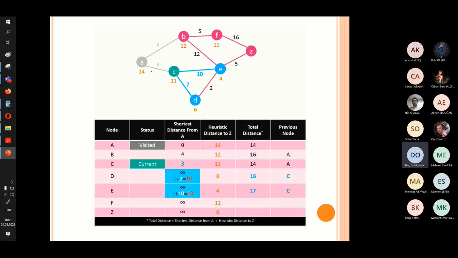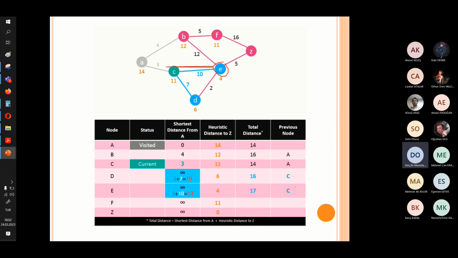Let me talk about the cost of E. By the way, we have to take note that we are coming from C in order to obtain these values, because the value we calculate is reaching E through C. Therefore, I put those marks.